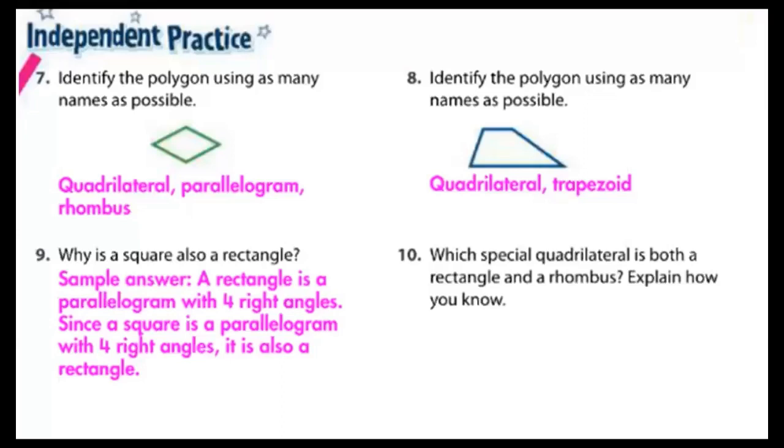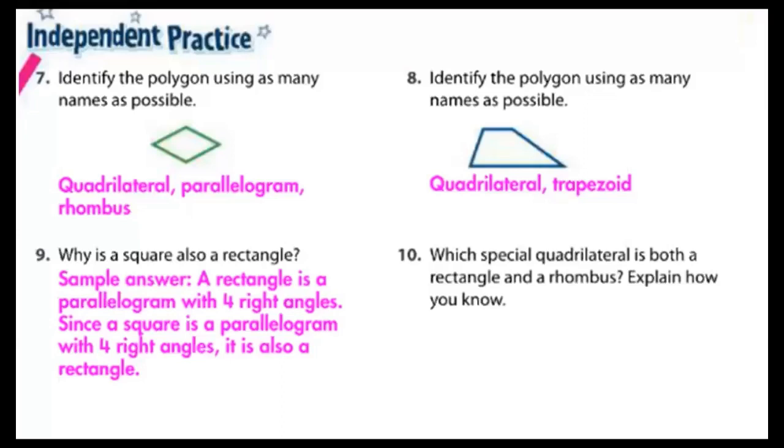Why? Because they have sides equal in length and parallel, but the big difference is in the angles, because we must use 4 right angles to form a rectangle, and it is not a problem for forming rhombuses.